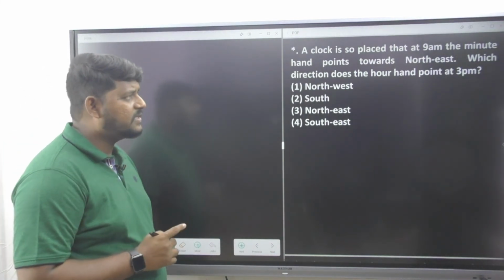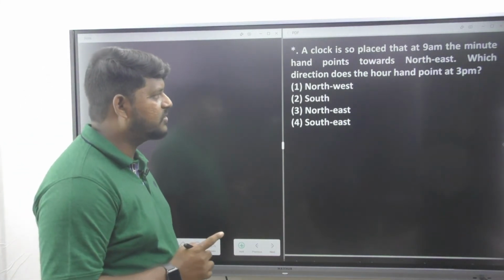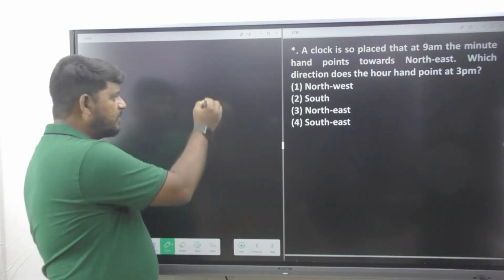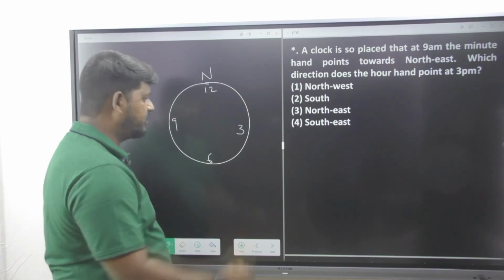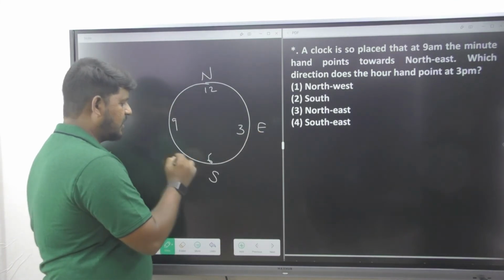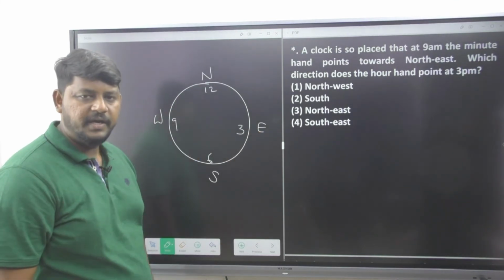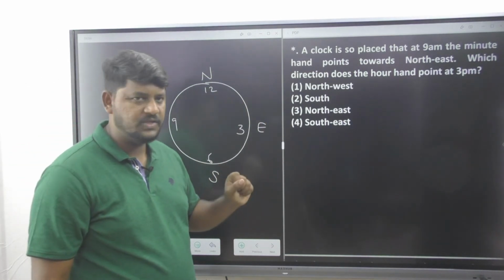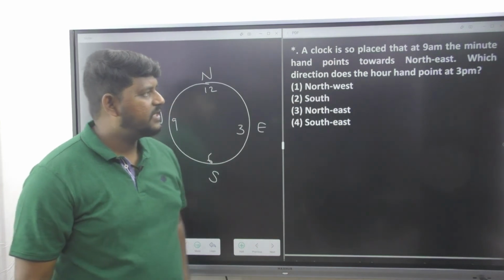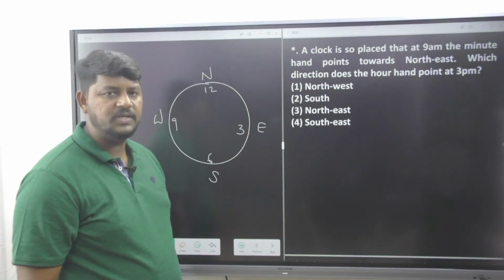Let's look into this question. A clock is placed at 9 a.m. The minute hand points towards northeast. Now imagine this is an analog clock: north, east, south and west. Correct? Let us observe this information. The questions are going to be applied in this way. A clock is so placed that at 9 a.m. the minute hand points towards northeast.